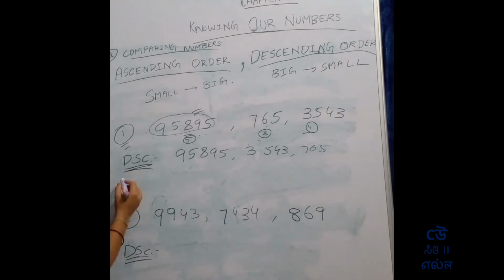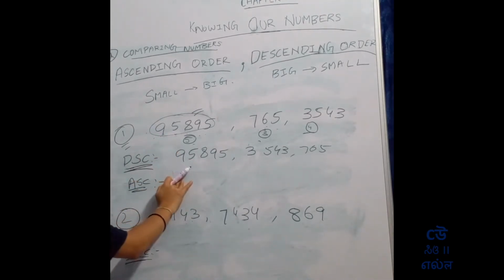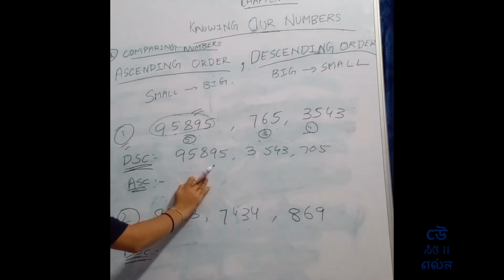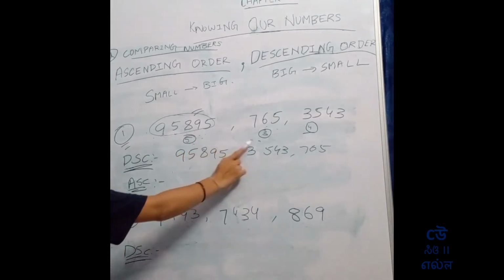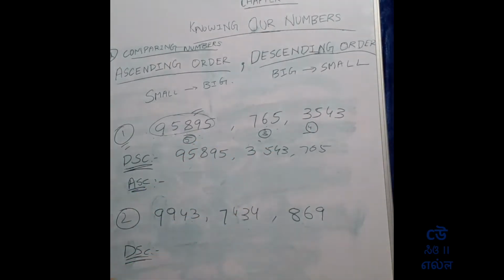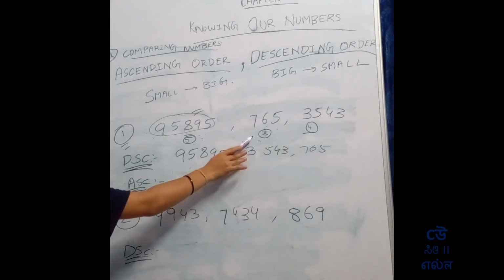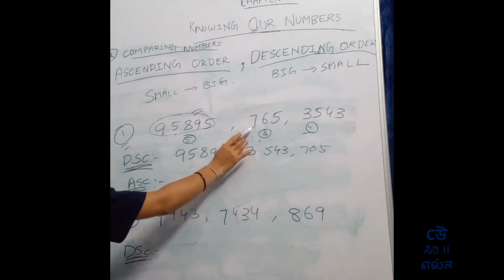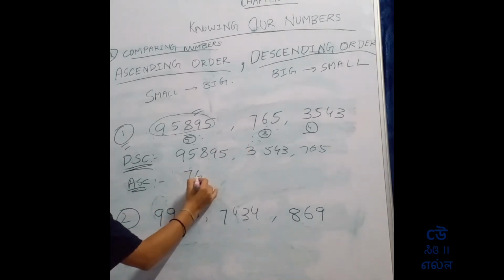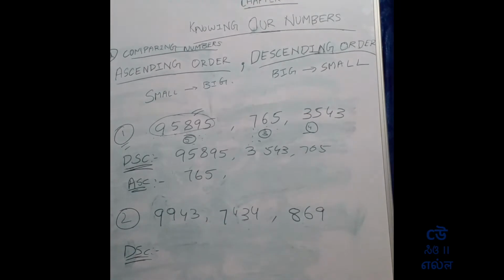Now let us write in ascending order. First we wrote descending order, that is from greatest to smallest. Let us write the same numbers in ascending order, that is from smallest to greatest. Compared to these three, which is the smallest number, 5 or 3 or 4? 3 is the smallest, so write 4,965.